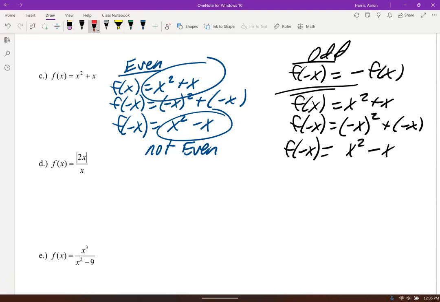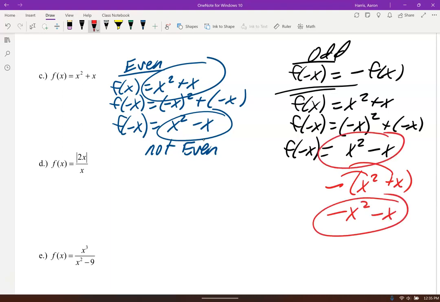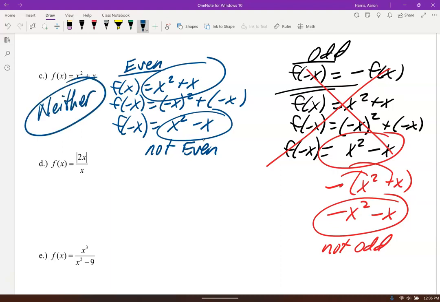So did I get negative the original? In other words, did I get negative x squared minus x? Is that what I get? Nope, I did not. So it's not odd. So since it's not even and it's not odd, I just say it's neither. Neither on that.